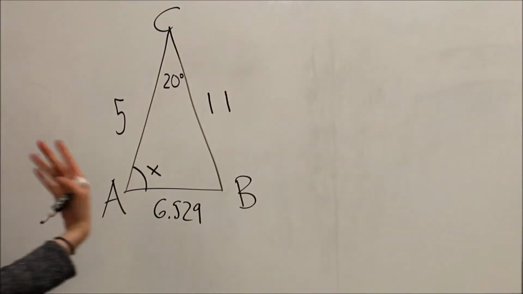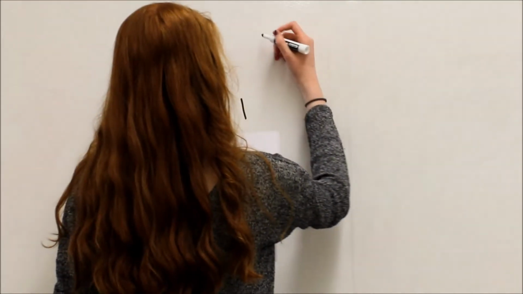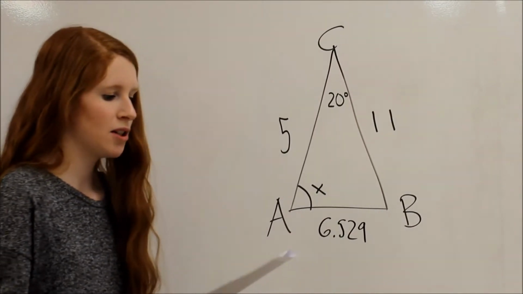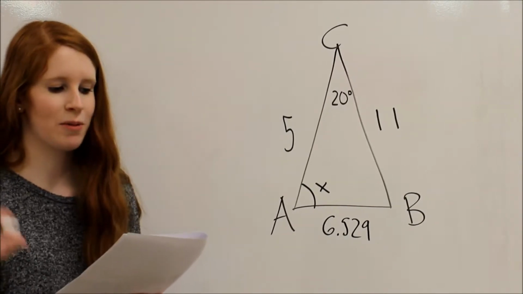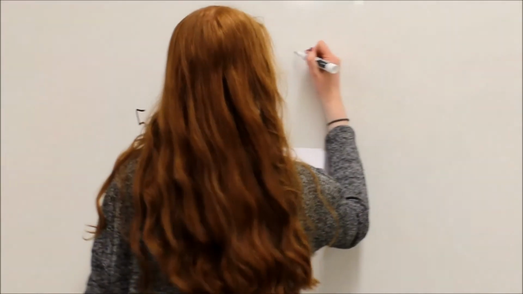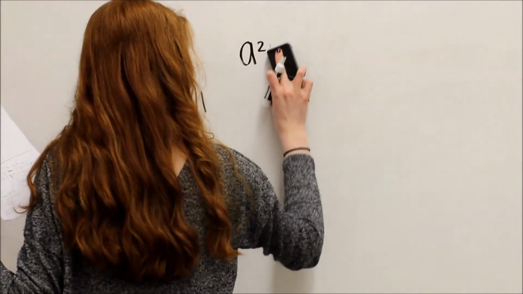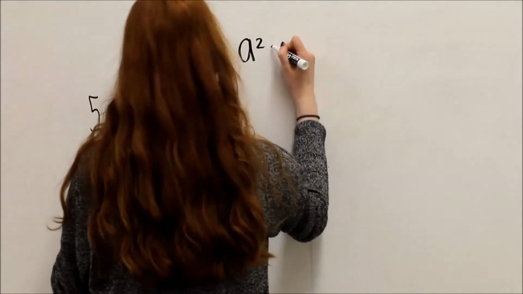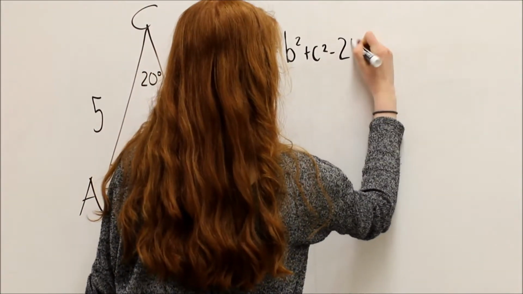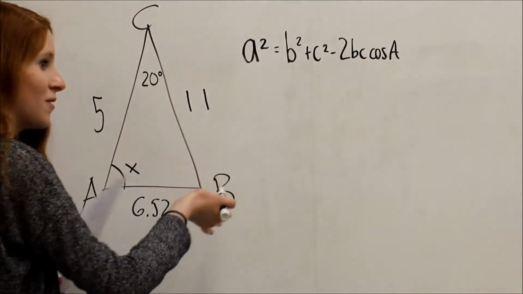So now we will solve for angle A, where I put an X right here. Once again, you just substitute the values of the triangle into the equation like before, but now we're using the equation a squared equals b squared plus c squared minus 2bc times the cosine of A, since we're solving for A. So we substitute the values like we did before.